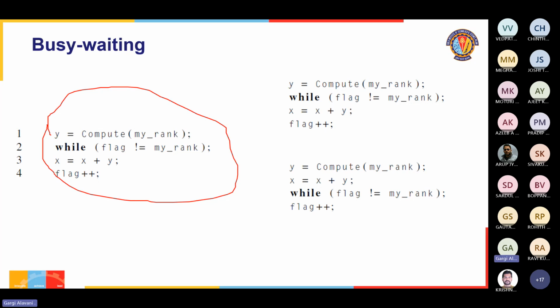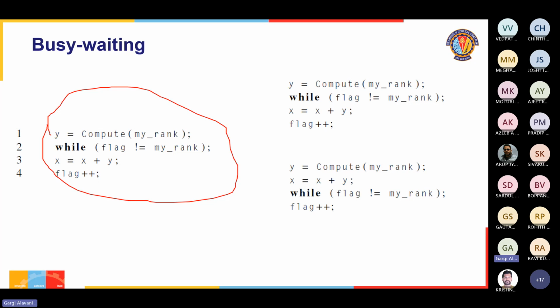If you look at this while statement for a minute, you will see that it is doing something peculiar. It is waiting, right? If the test flag is not equal to my rank, then thread 1 will just execute this step a second time. In fact, it will keep executing it till the test is false.